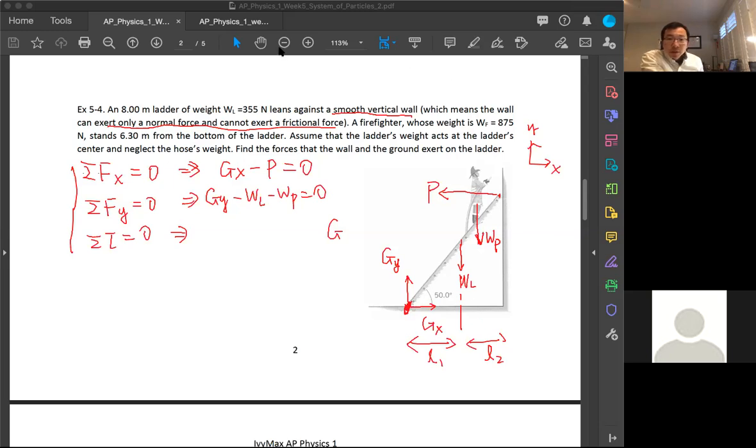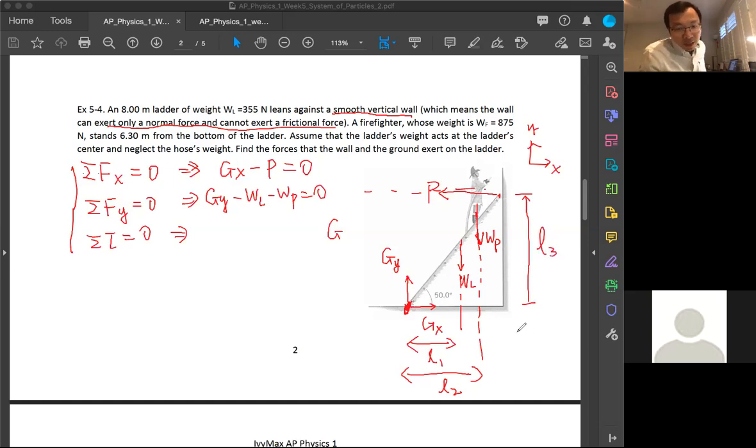Sorry, not this point. It goes from here to the end. Yeah, this is L2. And we also need that distance, because this is the line of action, right? And to here, that will be L3. So luckily this L1, L2, L3 are kind of given.